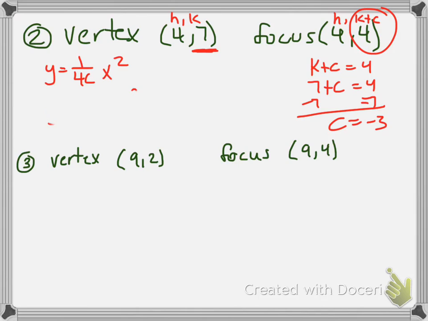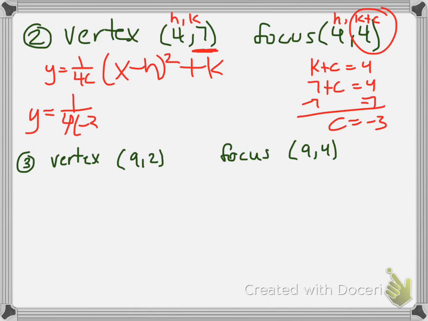All right, the formula that you were supposed to plug into, sorry, because it is not in the other place. It was this one. It was not in the vertex. It's an actual HK one. So I have y equals 1 over 4 times negative 3, x minus, who's your h? 4 squared plus 7.